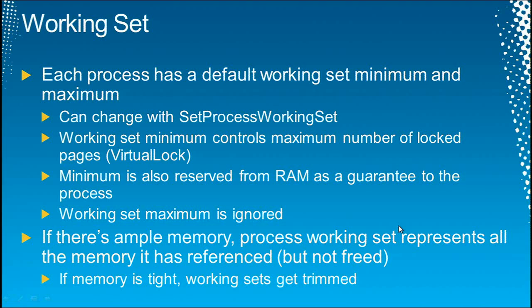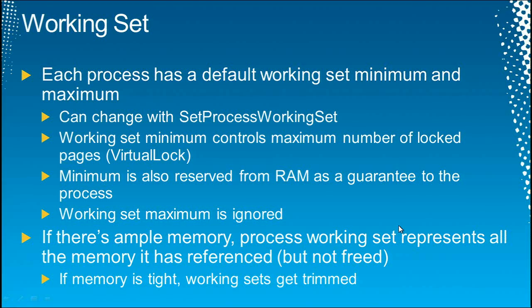Today, minimum controls the maximum number of pages that the process can lock in memory, and it also is used as a reservation for the process, counted against the RAM of the system. In other words, when I set my working set minimum as a process, and I can change it by calling SetProcessWorkingSetSize, if I set that to 512 meg, that means that I've reserved basically that much physical memory for me.